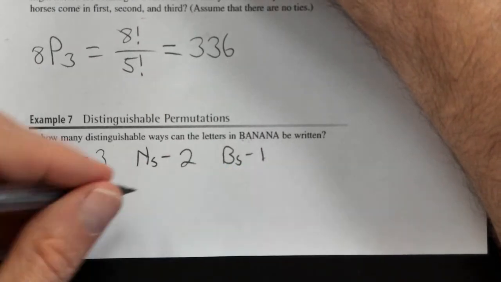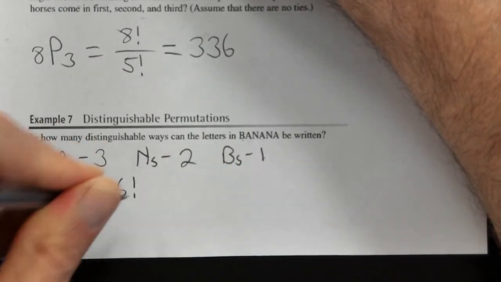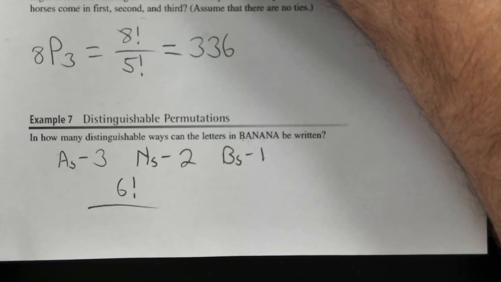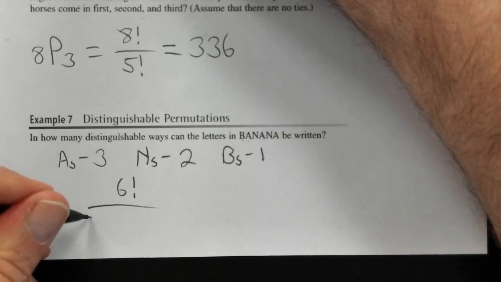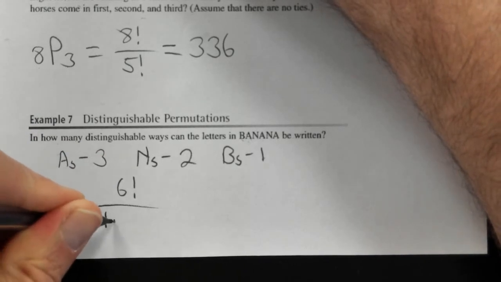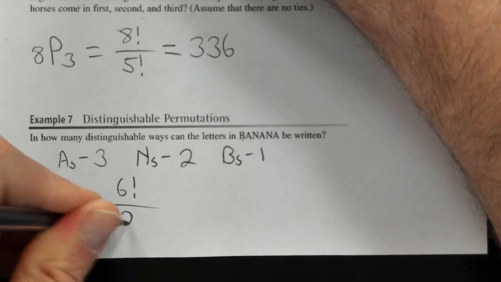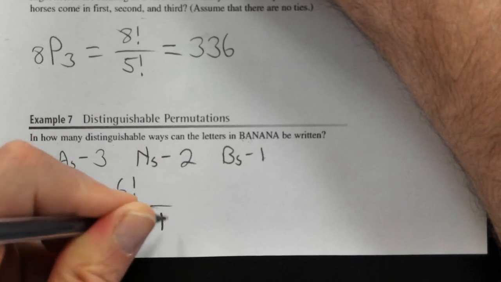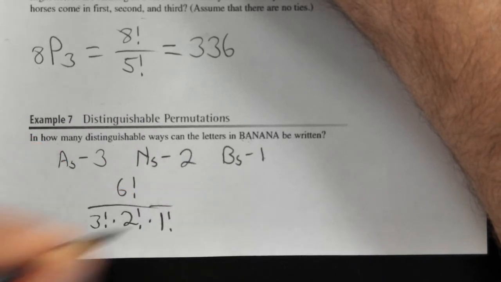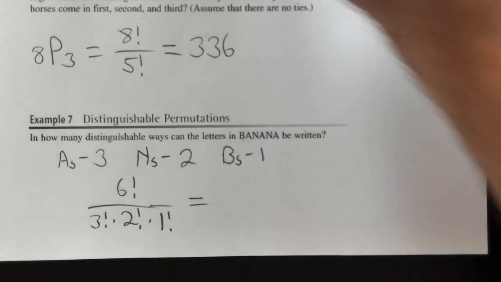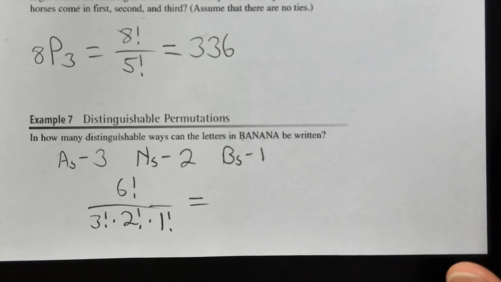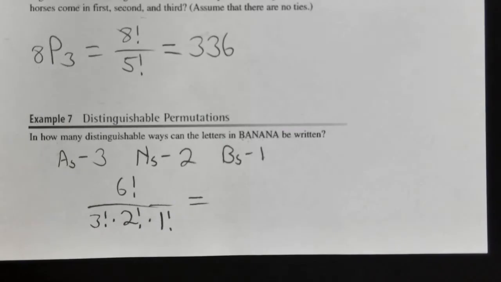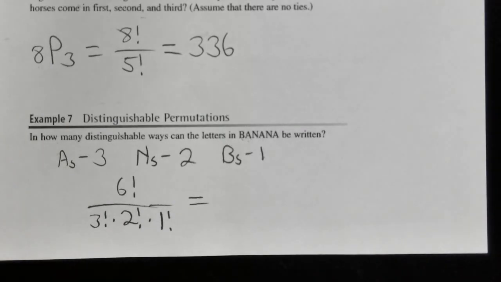And so that would be 6 factorial on the top, over, okay, how many A's do we have? 3, so that's 3 factorial, times, how many N's do we have? 2, 2 factorial, times, how many B's do we have? 1, so that's 1 factorial. And so if we figure that out, we'll see how many distinguishable permutations that there are. And so we can throw that into the calculator and figure that out pretty quickly.